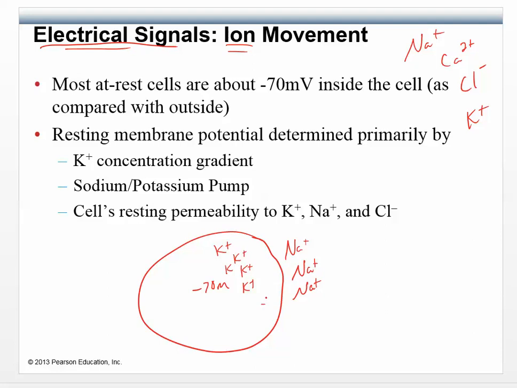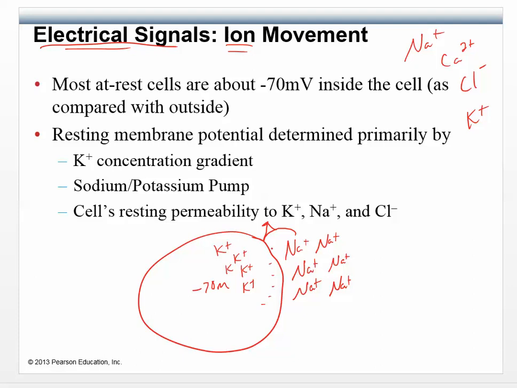It's negatively charged on the inside, and sodium is at a high concentration on the outside. So you would say, yeah, it's positively charged out here compared to the inside. It's negative on the inside, so opposite charges attract. So sodium wants to go in, but it's not allowed. It wants to move down its concentration gradient and its electrical gradient. It wants to move in because the inside is negatively charged.